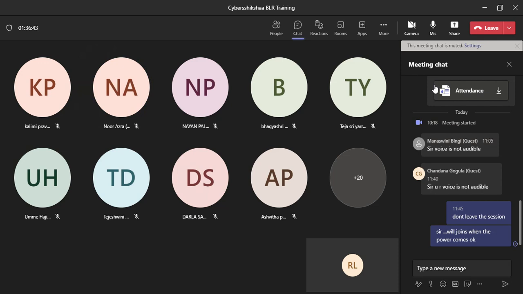Can you explain that homework? Nayan, can you explain the homework that Sir has given?